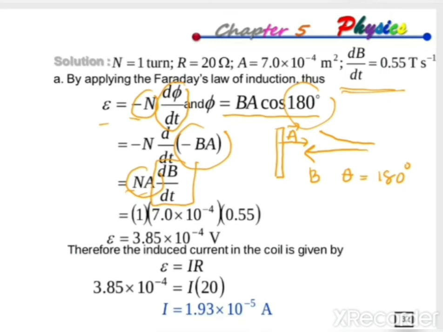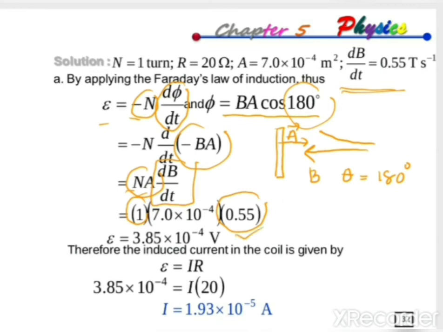Then we substitute the quantities given: number of turns is 1 since it is a single turn, so N equals 1, the area is 7 × 10^-4 meter squared, and the rate of change of magnetic field is 0.55. So the induced EMF in this circular coil is actually 3.85 × 10^-4 volt.